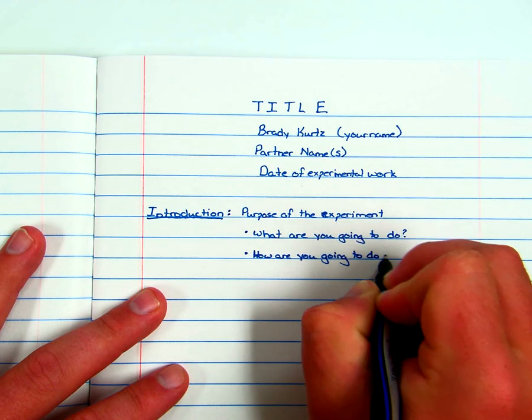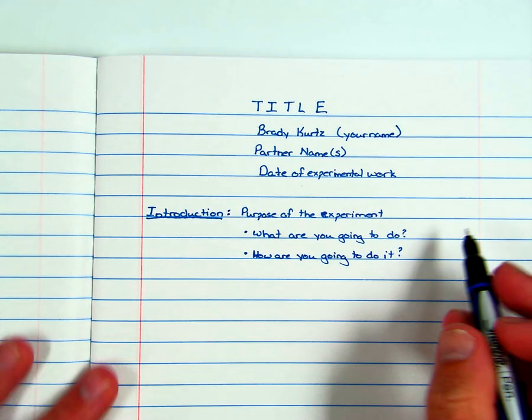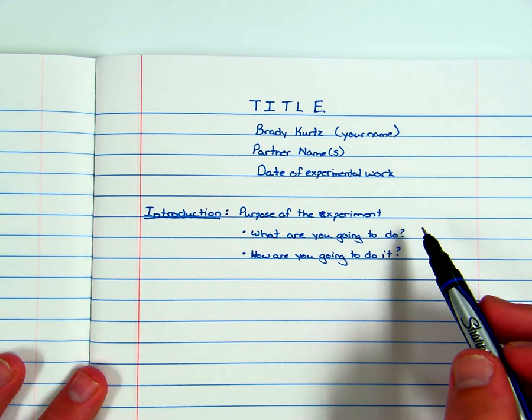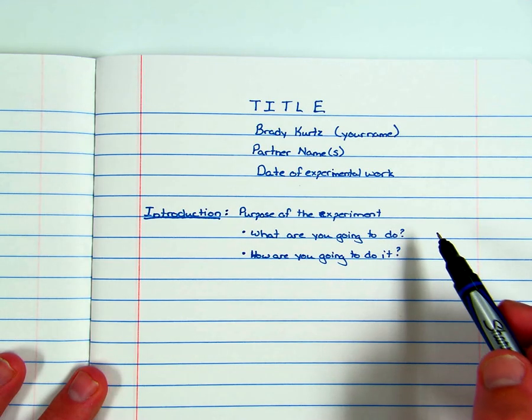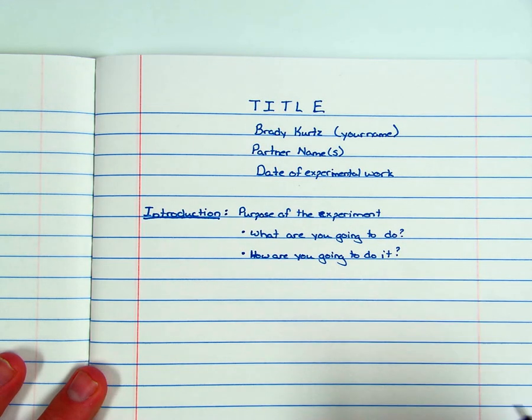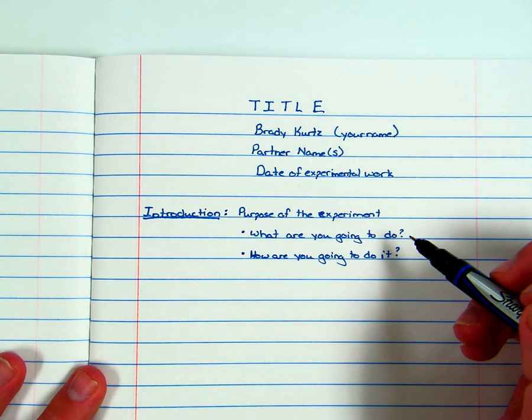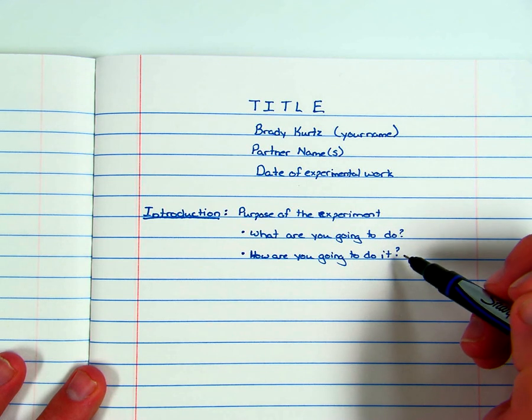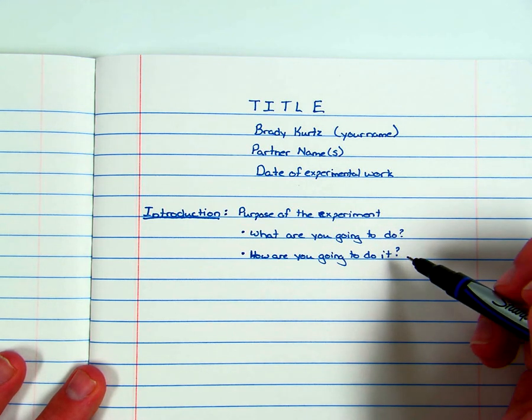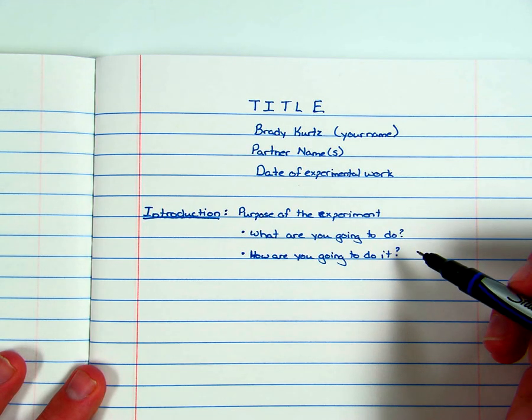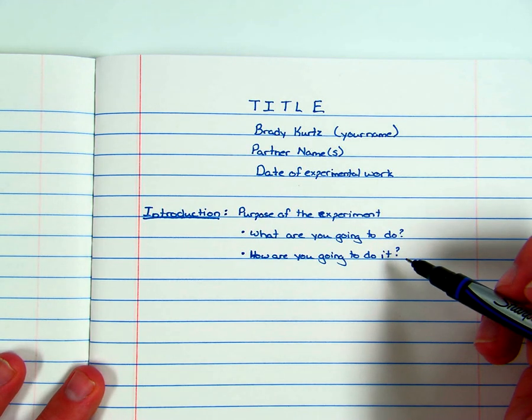This may only be 2, 3, 4 sentences. When we say, what are you going to do, just a very brief statement of the purpose. How are you going to do it? That is not a full summary of the whole procedure. You might list a simple technique that you're going to use, or maybe some special piece of equipment that will be required.